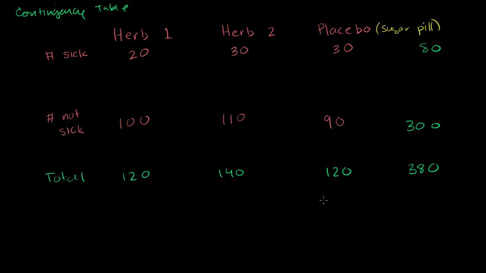So with that out of the way, let's think about how we can use this information in the contingency table and our knowledge of the chi-squared distribution to come up with some conclusion. Let's make a null hypothesis. Our null hypothesis is that the herbs do nothing.